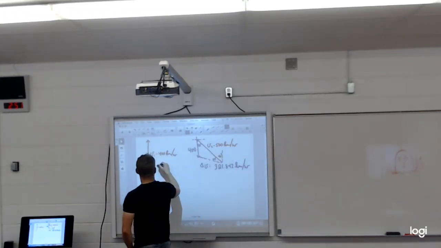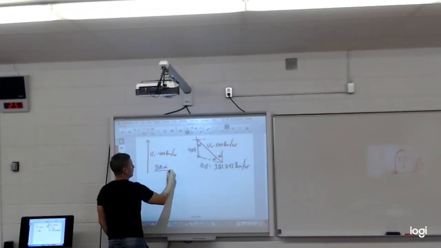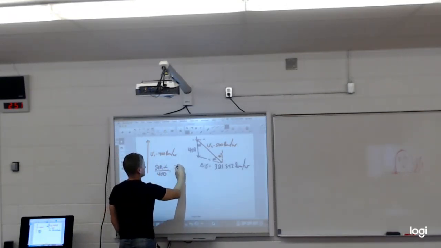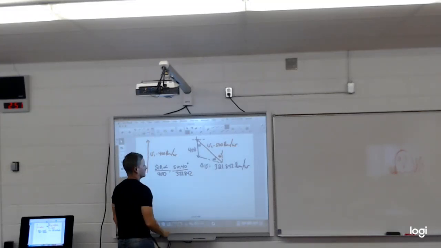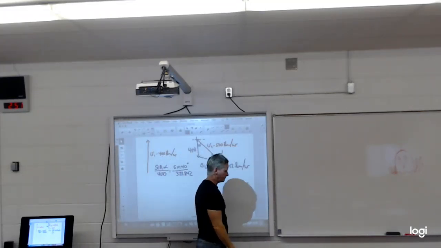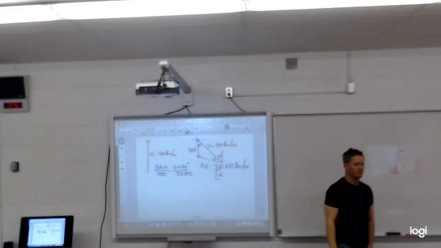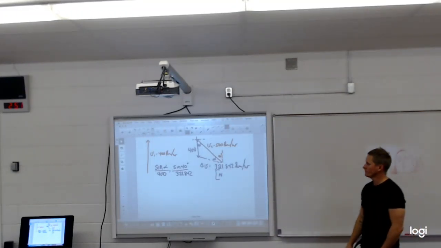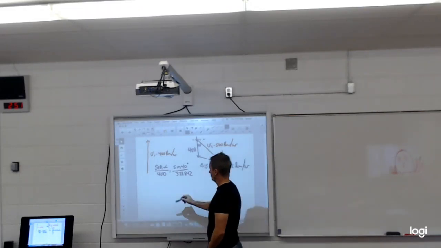So I've got sine alpha over 400 equals sine 40 over 321.842. It's 53.